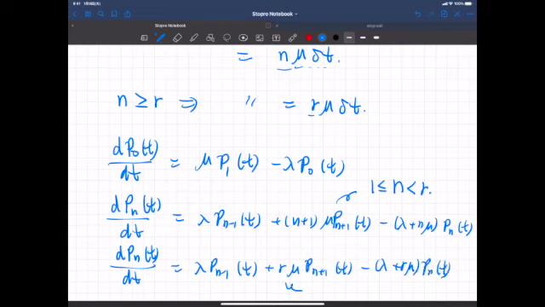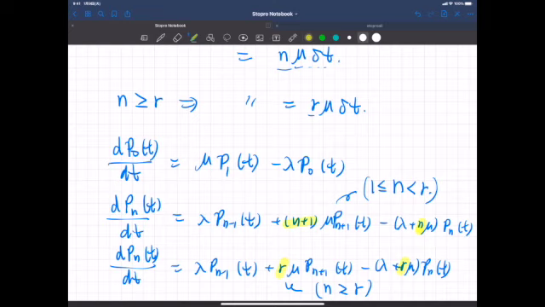This is the case where n is greater than or equal to r. Okay, so what is different from the single server case is that this is proportional to n plus 1, and we have n here, we have r here, and r here. So these are the differences between multiple server and single server.